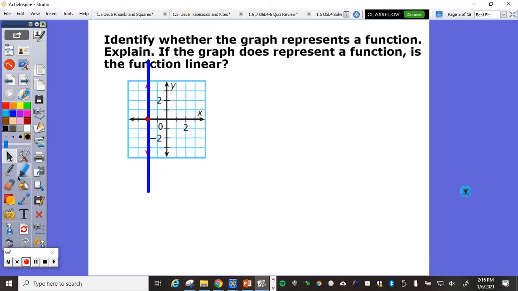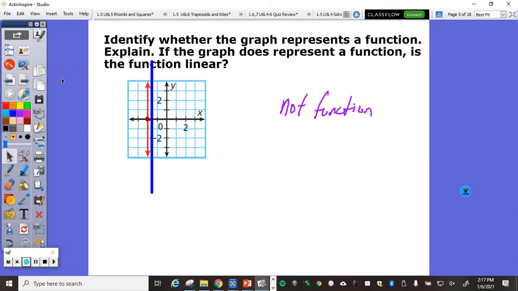So this is not a function, because it violates the vertical line test, which says you cannot have a vertical line that touches the graph at more than one place, and we can see here that it touches it at all of them. You with me? Okay.